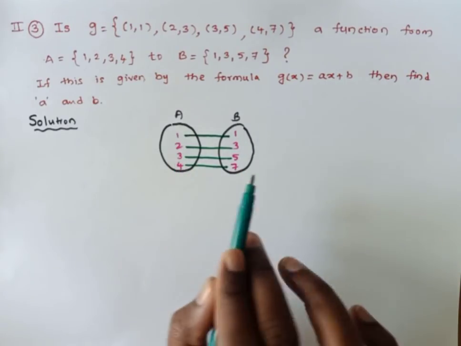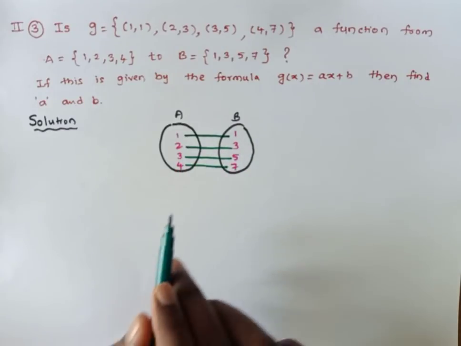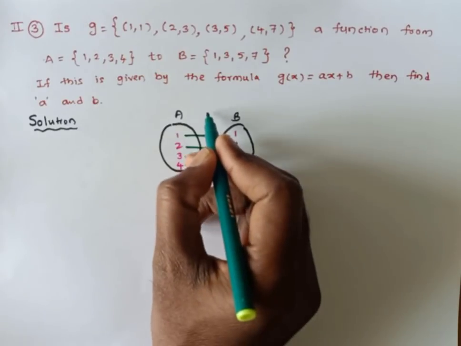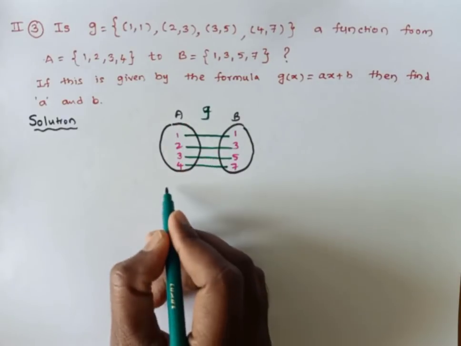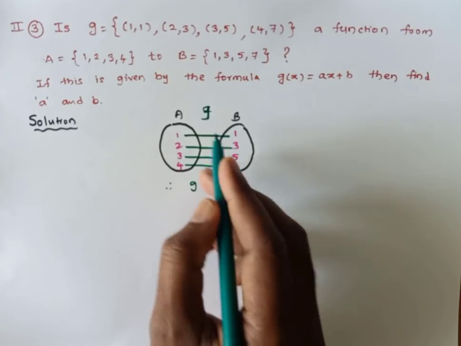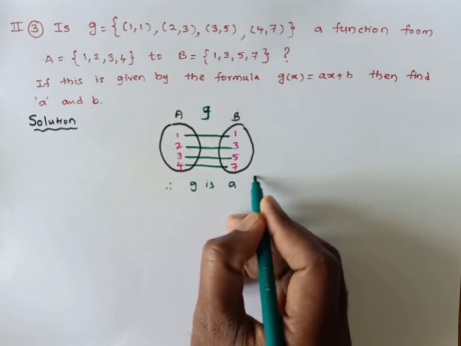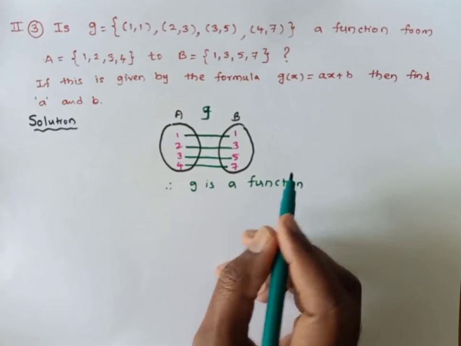Every element is mapped, fine, and 1 is uniquely mapped, 2 is uniquely mapped, 3 is uniquely mapped, and 4 is also uniquely mapped. Therefore the relation g from A to B is a function.